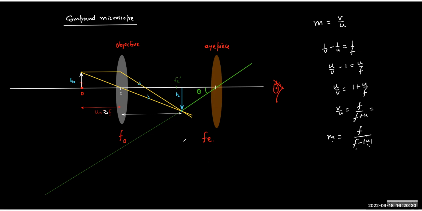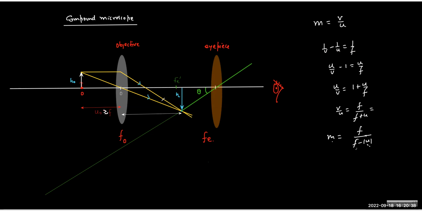So our goal is to achieve the virtual image, and therefore the first image of the objective must be within the focus of the eyepiece. And that's why you can see I have written something F E dash.